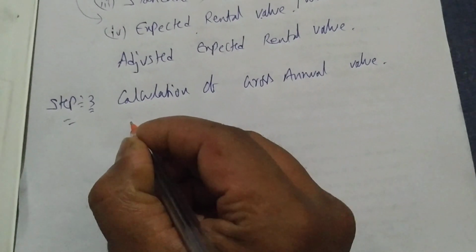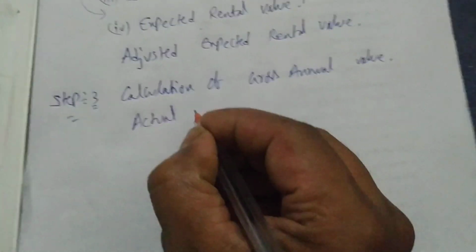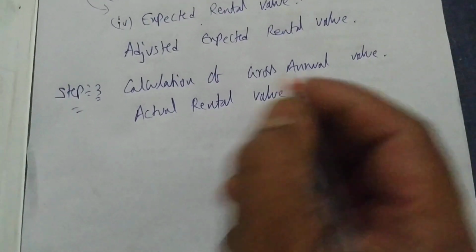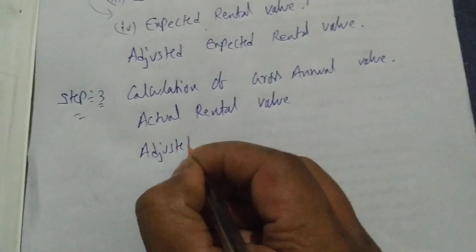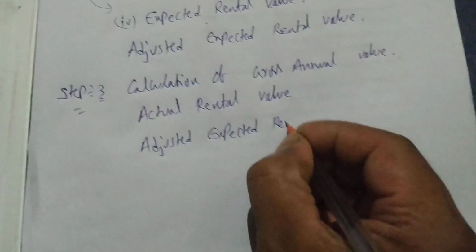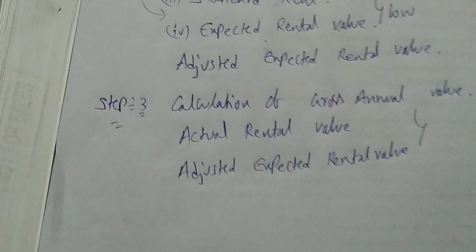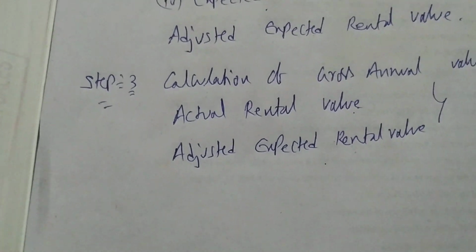How to find it? We need here the actual rental value, compared with the adjusted expected rental value. So you have to compare ARV, actual rental value, with adjusted expected rental value.